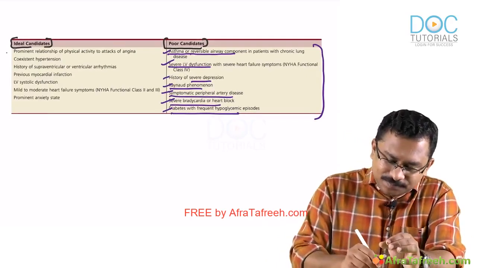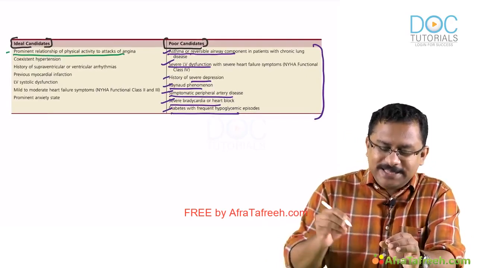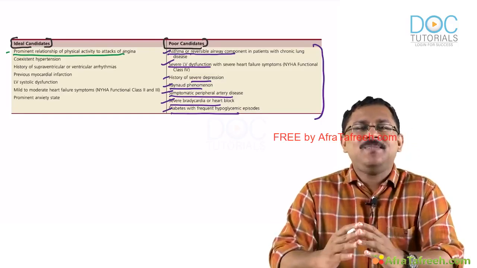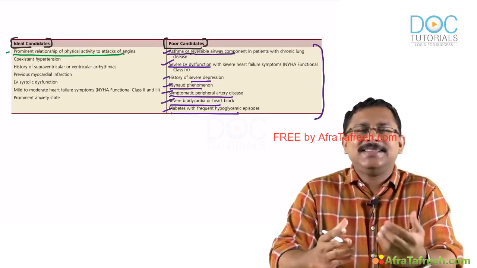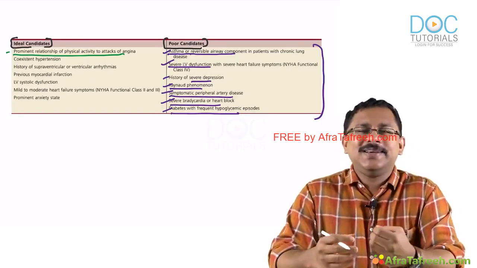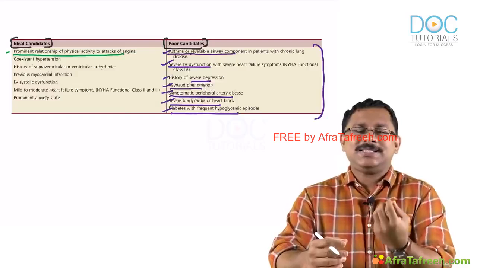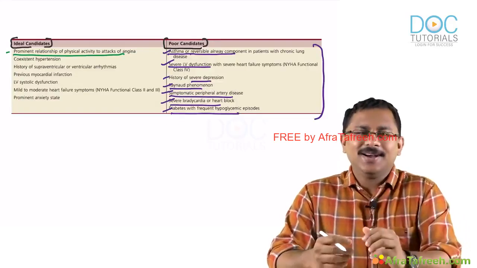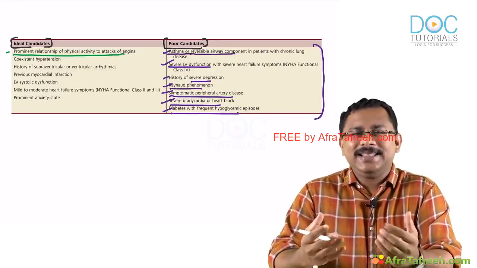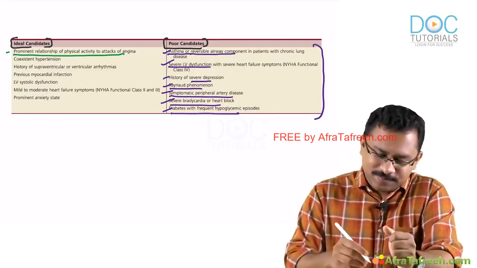And what are the ideal candidates? You have a prominent relationship of physical activity to attacks of angina, which means in a particular individual it is always exertion that brings about anginal episode, which again gives you an impression that if I somehow decrease the demand of the myocardium, then it is likely that I'll get relief of symptoms.